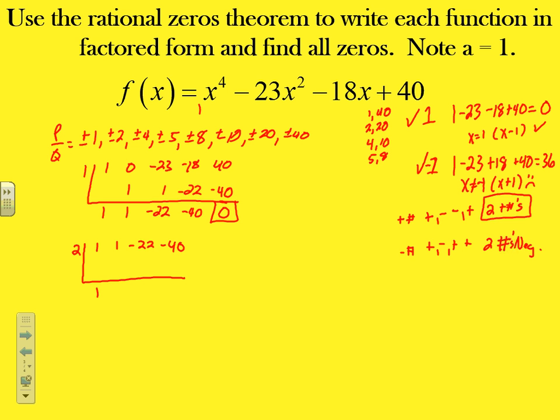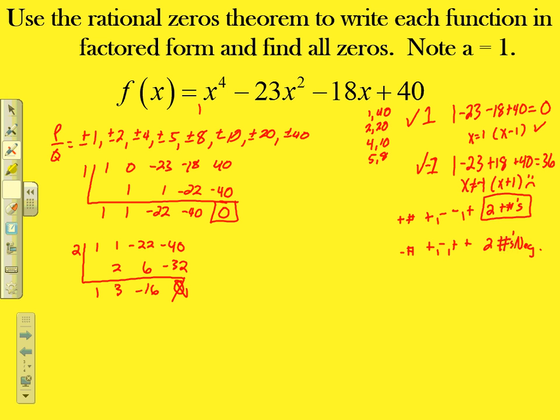Bring down the 1, 2, 3, 6, -16, and that would be a -32, and that unfortunately does not equal 0. So 2 did not work. Okay, so let's try our next one here and see what happens. So the next whole number would be a 4. So let's try 4.